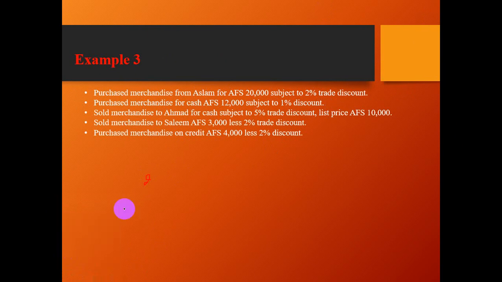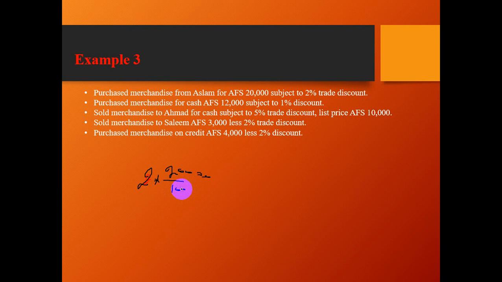I will have black color. 2 multiplied by 20,000, which is the price, and then divided by 100. So that is the discount which we are receiving.